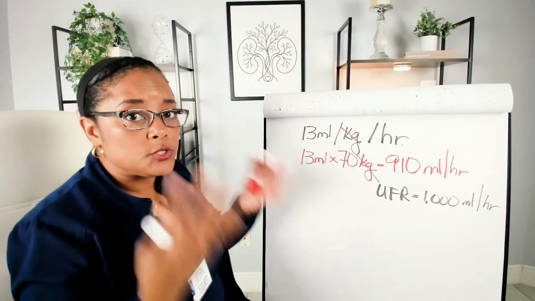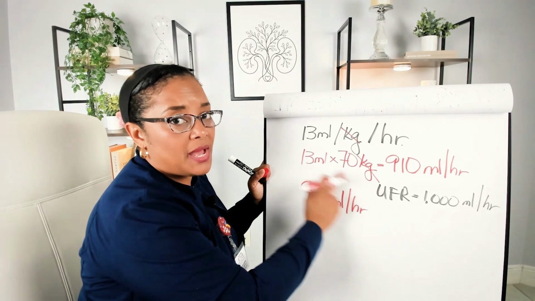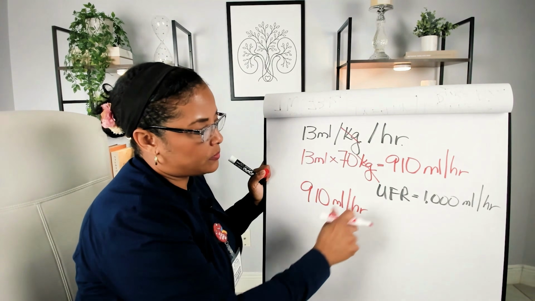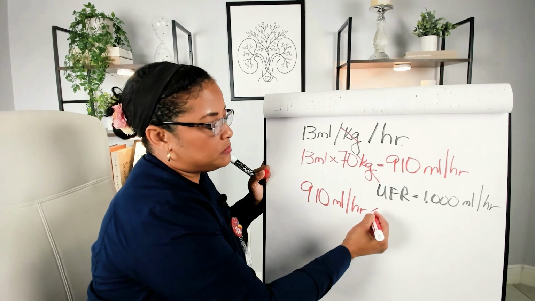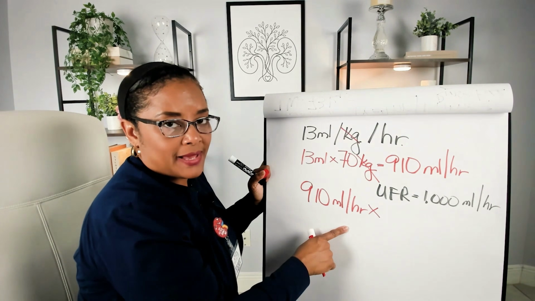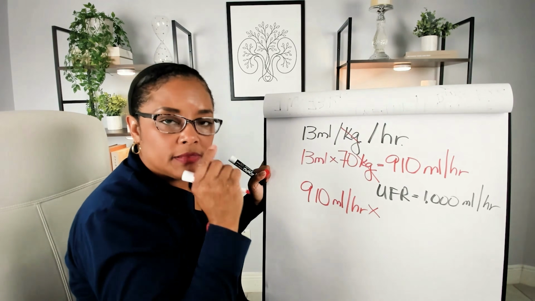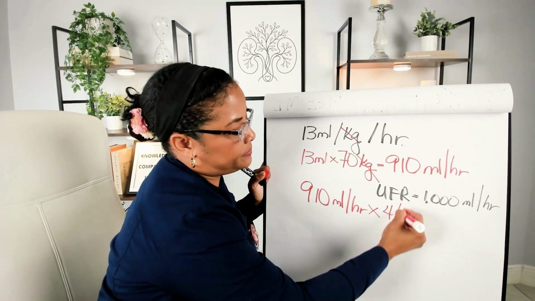Now, let's see the total. Now I'm going to take the maximum allowed UFR, 910 milliliters per hour, that came from here, and I am going to multiply that by the 4 hours right here. This patient, we said, had a 4-hour treatment, so it's 4 hours.